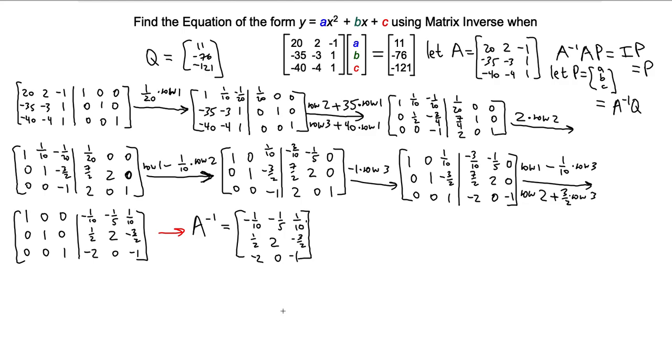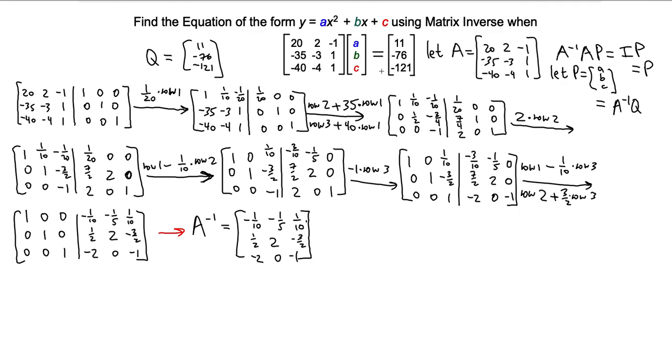So now that we have the inverse, we can solve for A, B, C, right? Because we know that this inverse times the original matrix A will give us just simply the P, and the P was the ABC matrix, right?